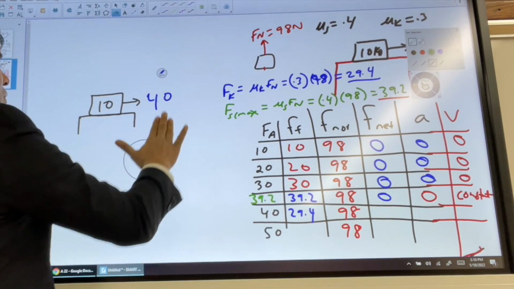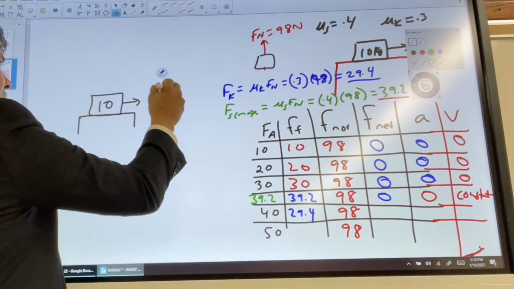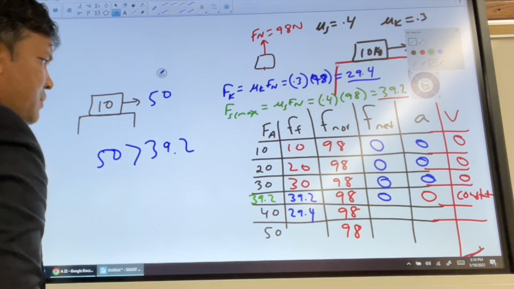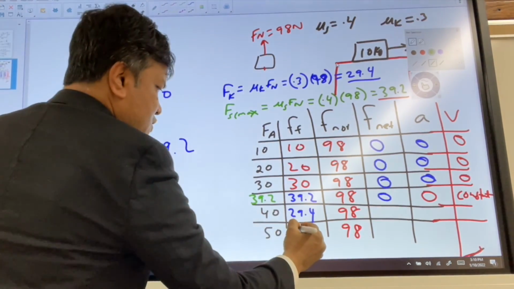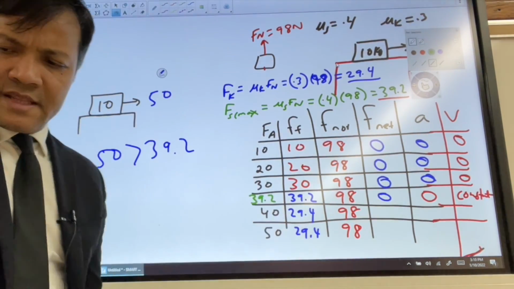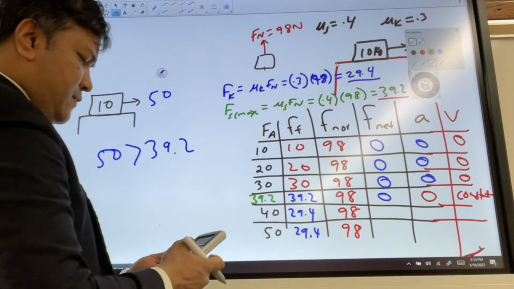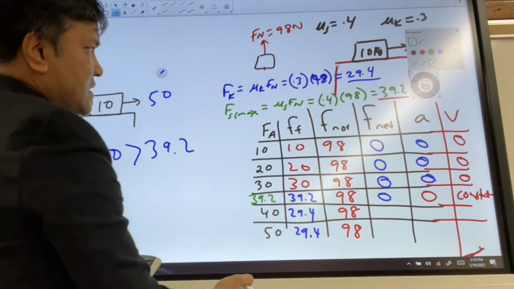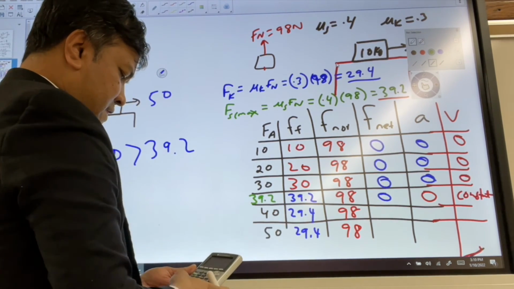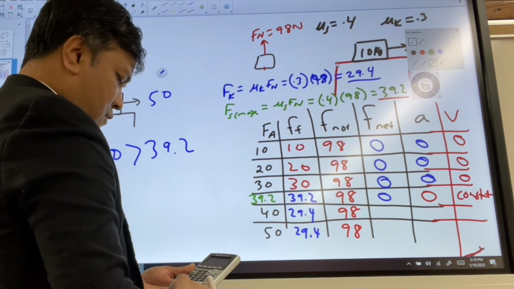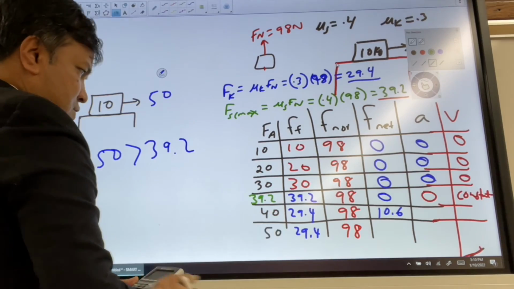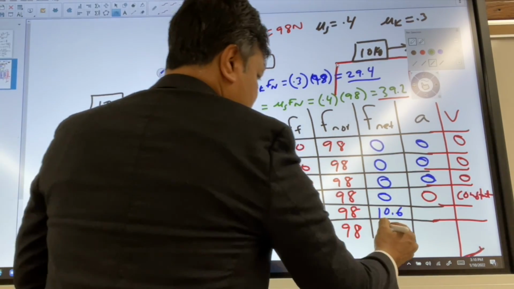Now we apply 50. Is 50 greater than 39.2? Yes, so the kinetic friction takes over, and we write 29.4. Now we have to write the net force. Net force is force applied minus this one. So 40 minus 29.4 is 10.6, and 50 minus 29.4 is 20.6.